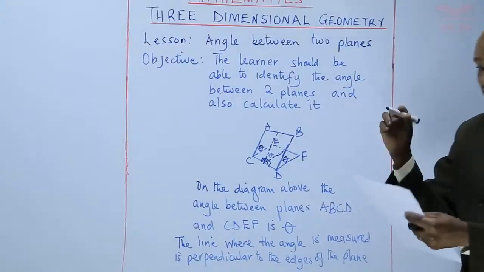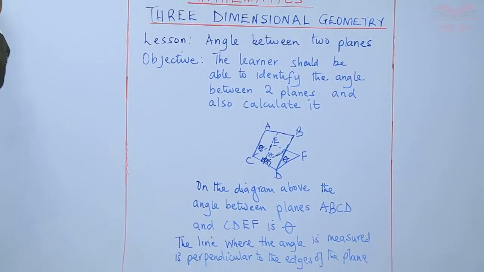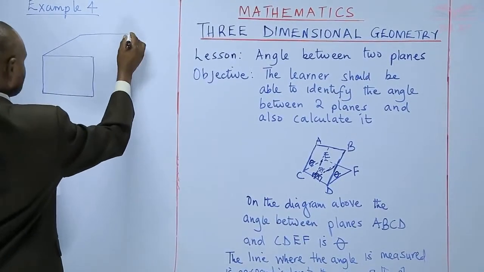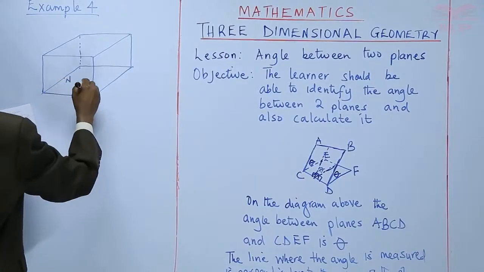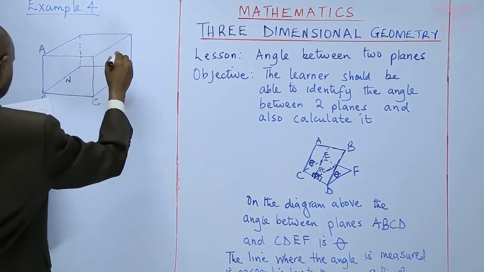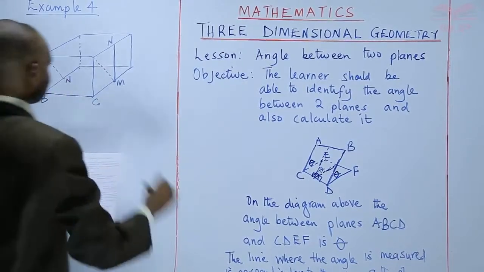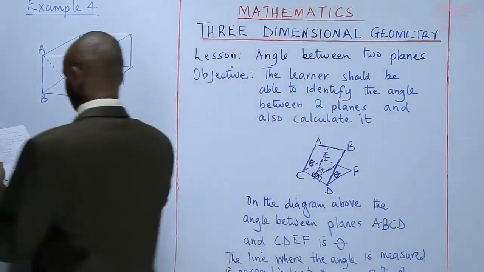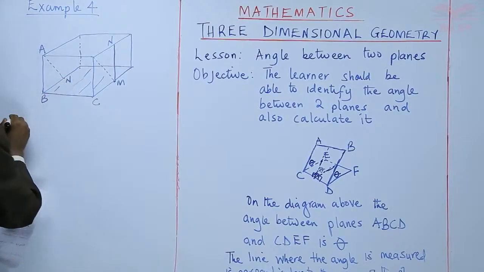So we shall go straight to a very good example. We call it example 4. There is a figure that represents a cuboid. You can try to shade that in the figure.